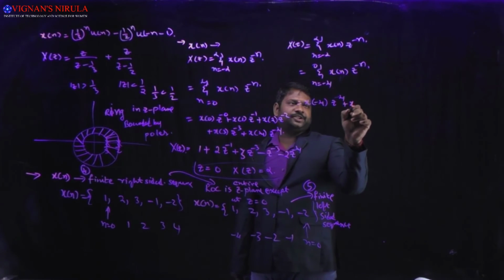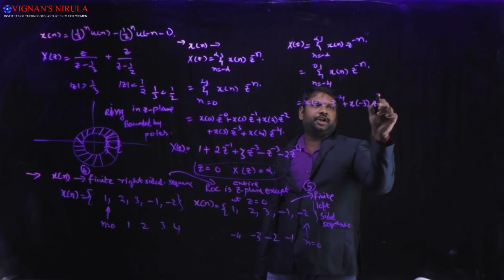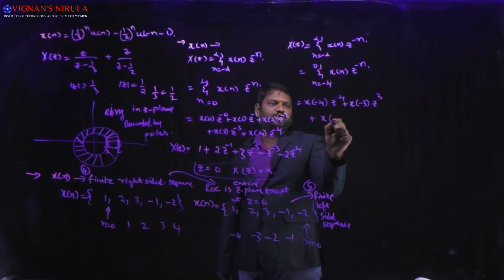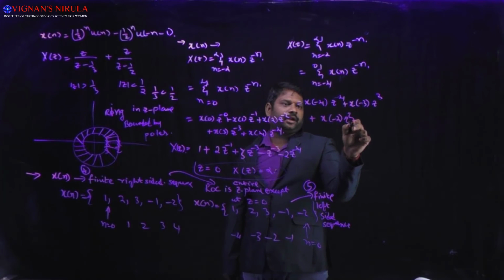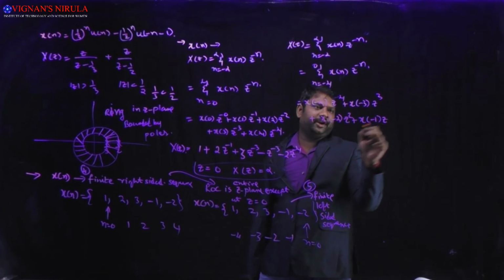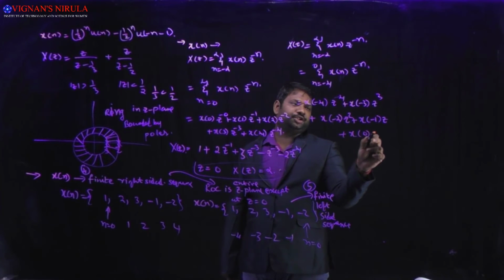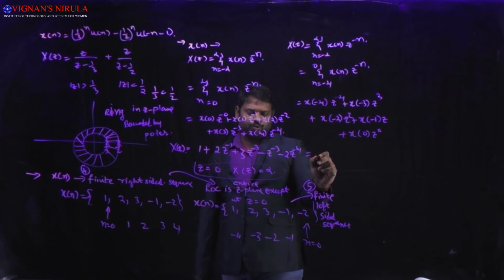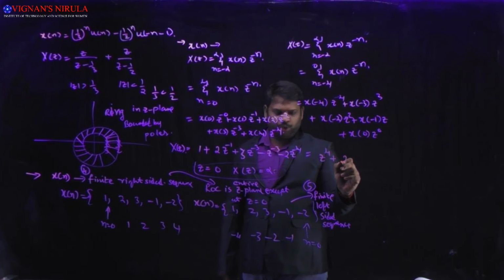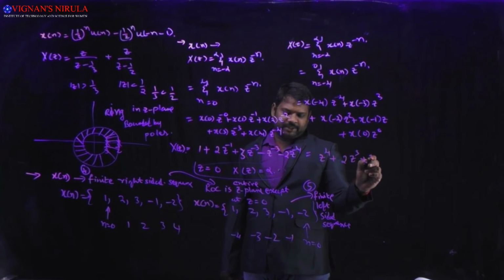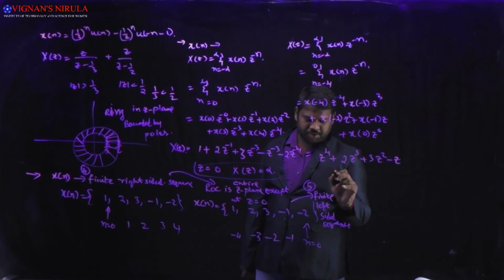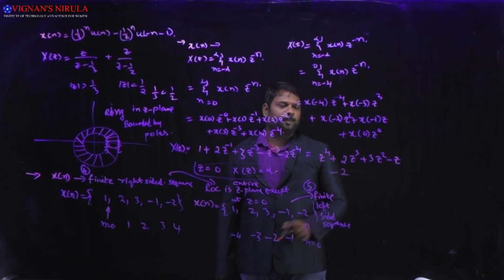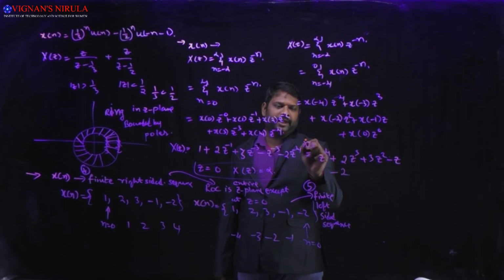Then x of minus 3 z cube plus x of minus 2 z square plus x of minus 1 z plus x of 0 into z power 0. Substitute the values. X of minus 4 value is 1, that's why z power 4 plus 2 z cube plus 3 z square minus z minus 2. This is nothing but our x of z.